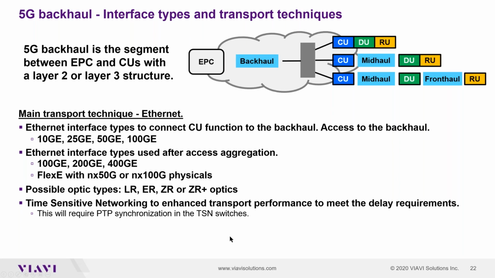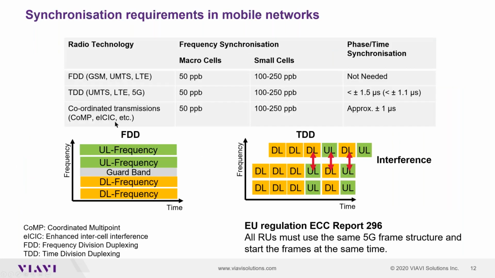I think the answer is when we have TDD, just let me look for the slide. This one, slide 12: as soon as I have TDD as an RF radio technology, you need time synchronization. If it's FDD in parallel, not sure if it's used there in parallel, then of course only frequency is needed. So as soon as I have TDD on the RF side, you need time synchronization with this accuracy.